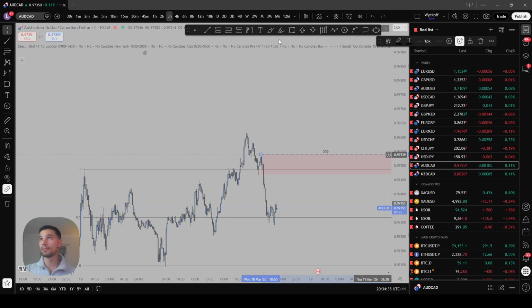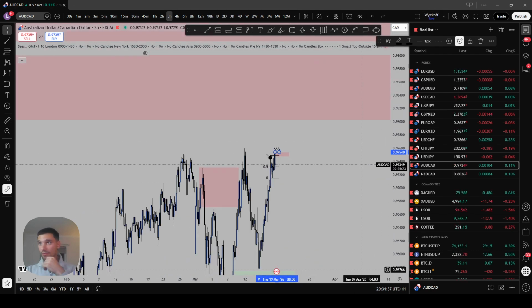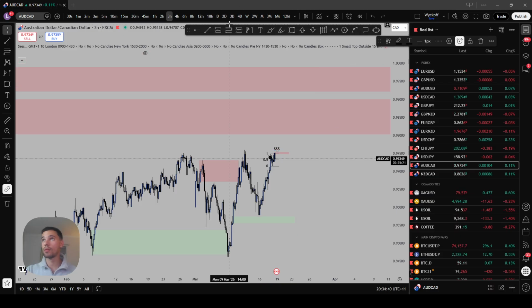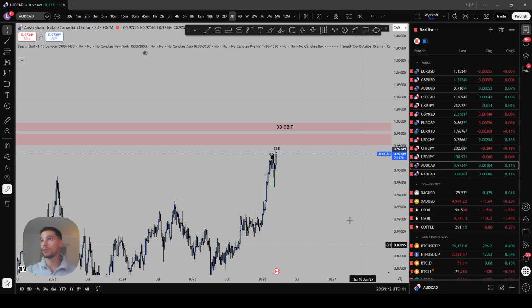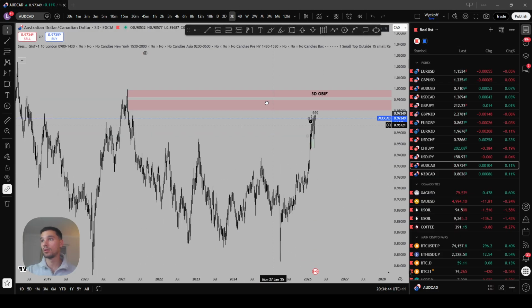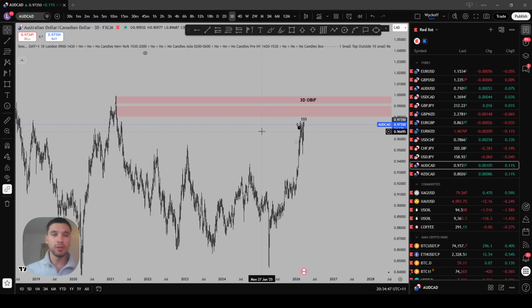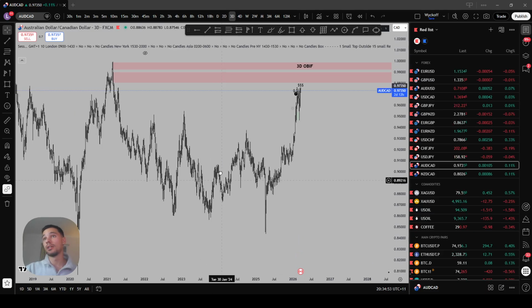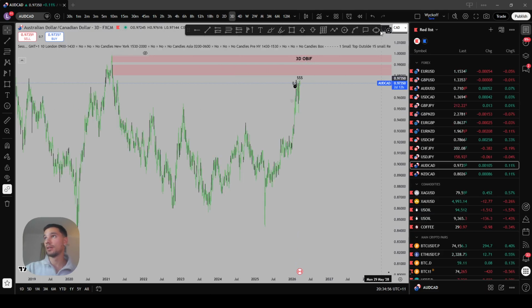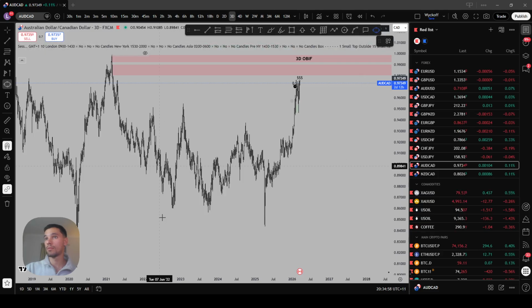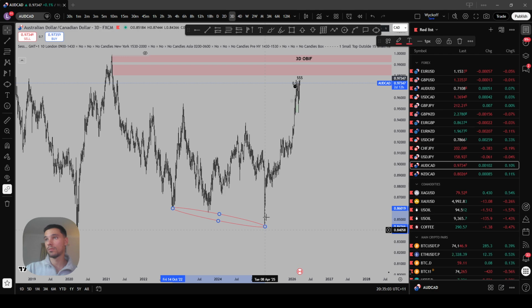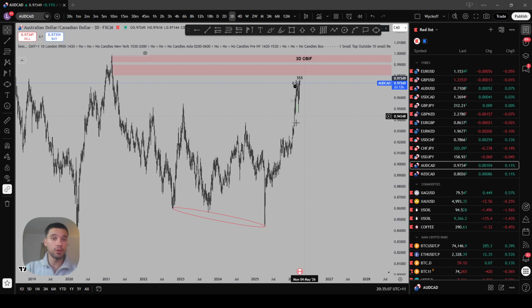Contextually speaking, we are somewhat in a potential distributive environment, but technically we're in a cumulative environment because you have this here, which obviously completed itself, so you can expect some form of follow through.